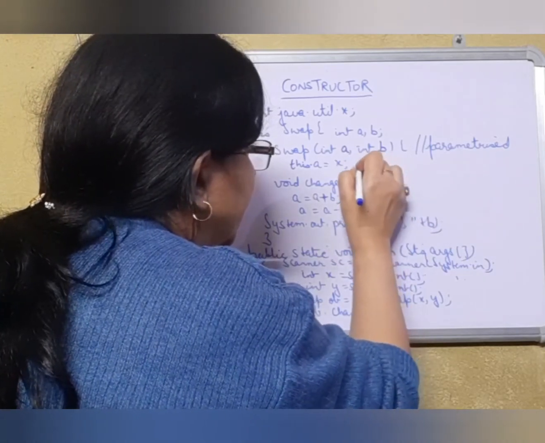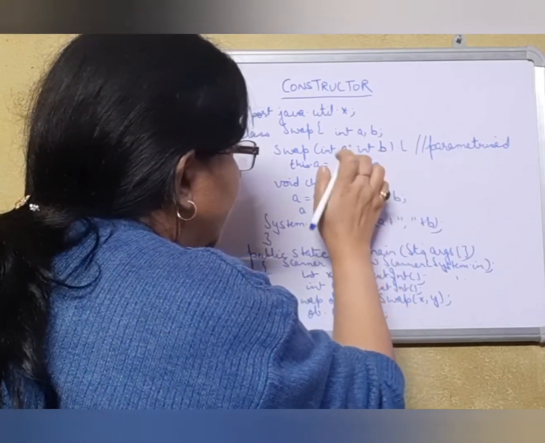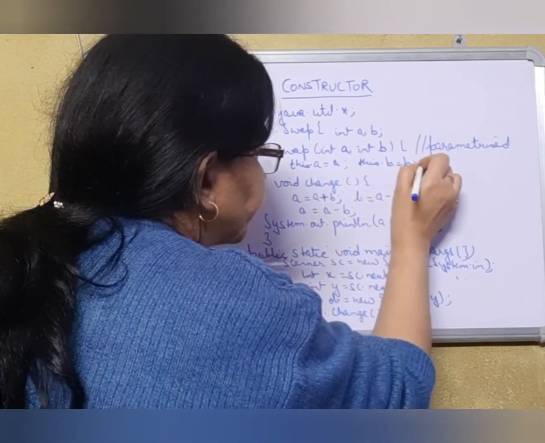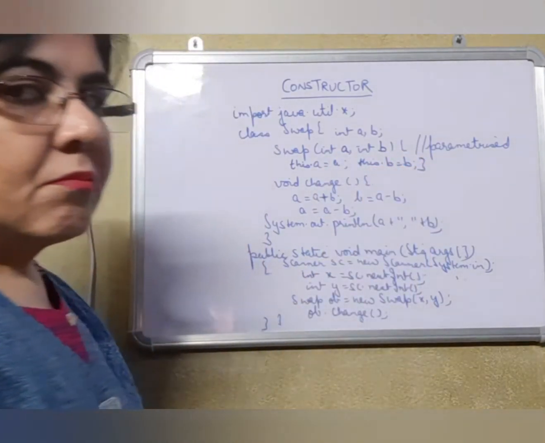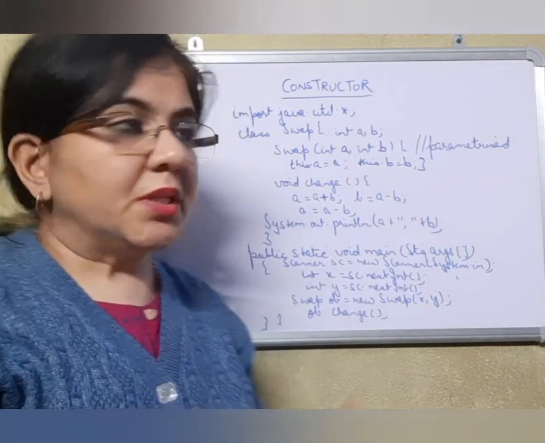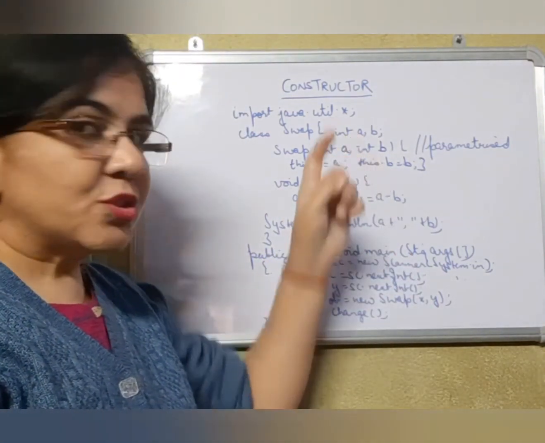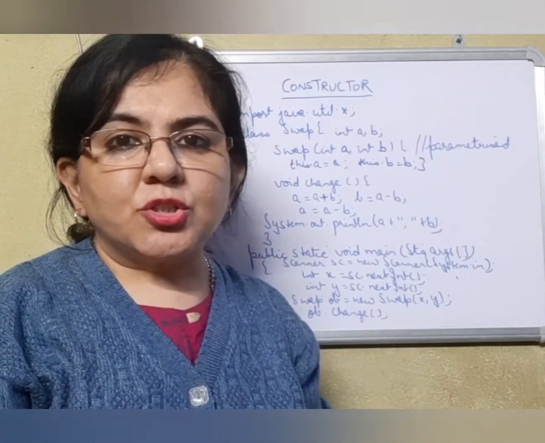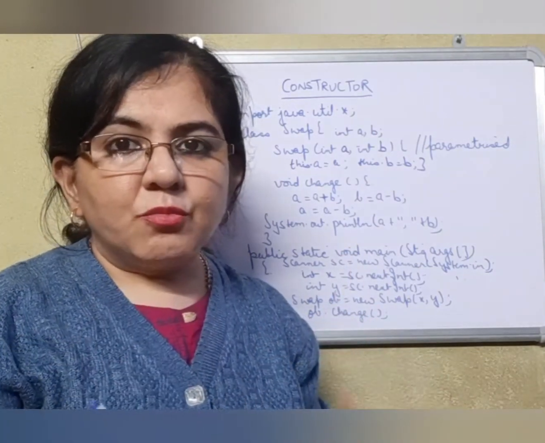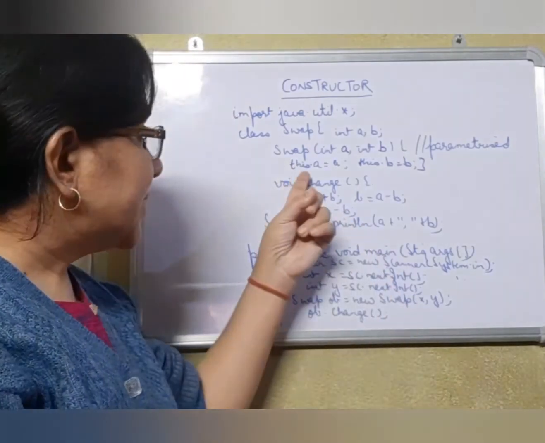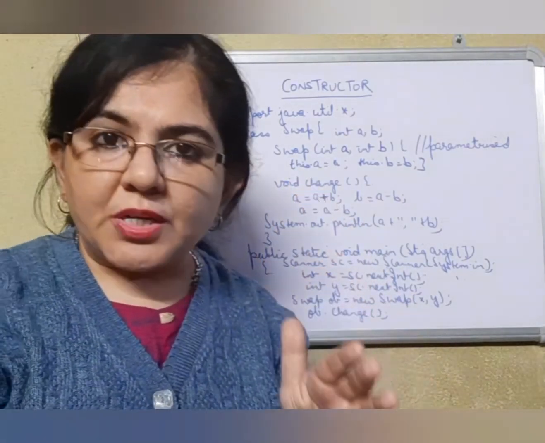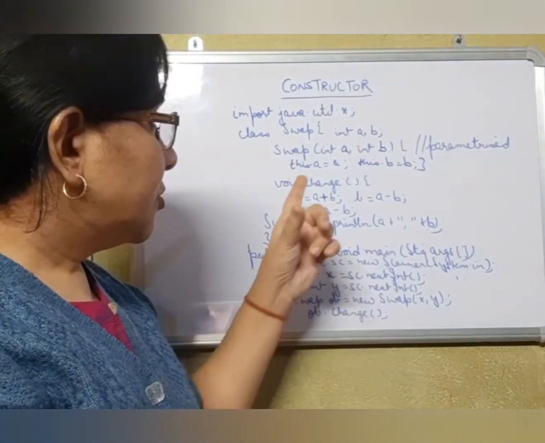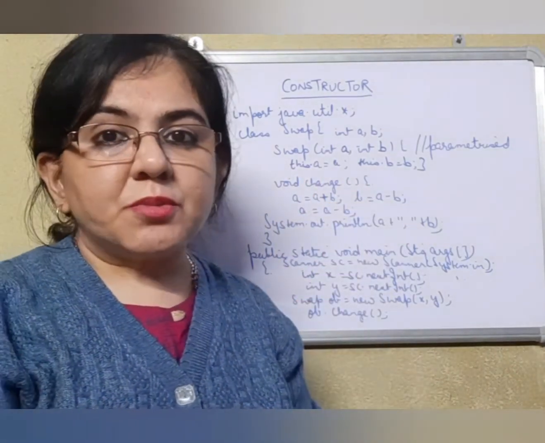Then we will write this.a is equal to a and this.b is equal to b. What is namespace collision? When the name of the formal parameters clashes with the name of the instance variables, then it is namespace collision. To avoid it, we use the this keyword with our instance variables to differentiate them from the formal parameters. So this was an important concept.